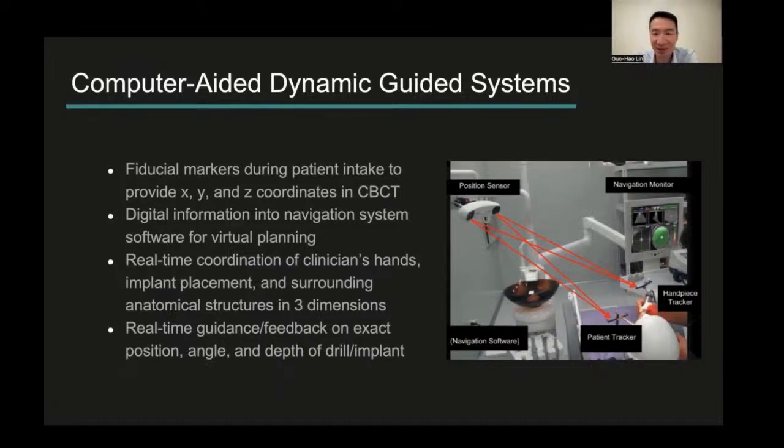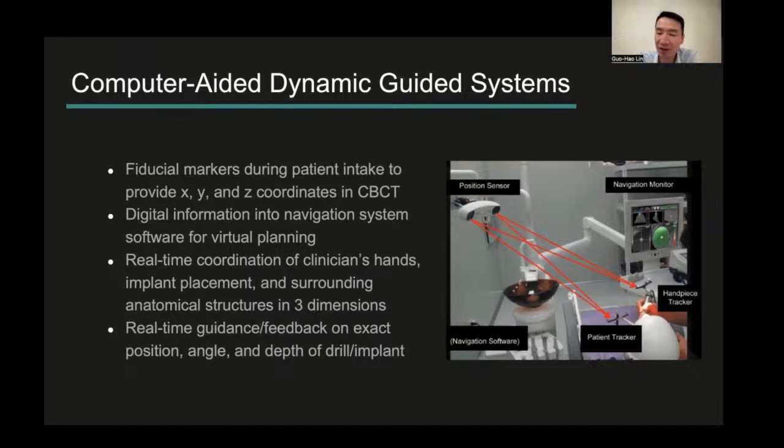Once we get this CBCT information, we will put this CBCT digital information into navigation system software for virtual implant placement planning. And during this planning process, real-time coordination of clinicians' hands, implant location and direction, and surrounding anatomical structures would be coordinated to each other in 3 dimensions. In the end, the real-time guidance and feedback on exact implant position, angle, and depth of the drill and the implant could be provided back to the surgeon.